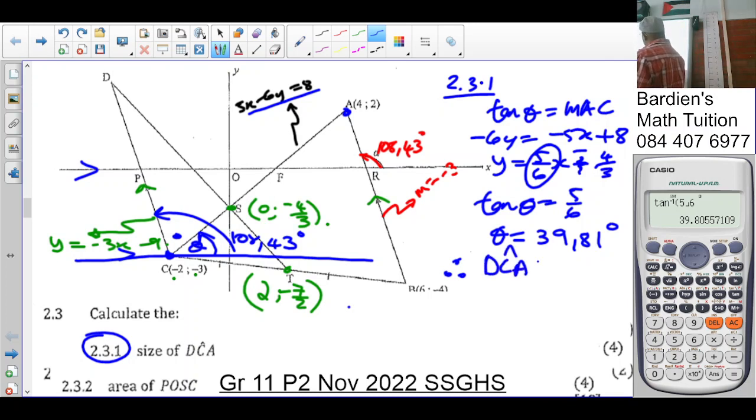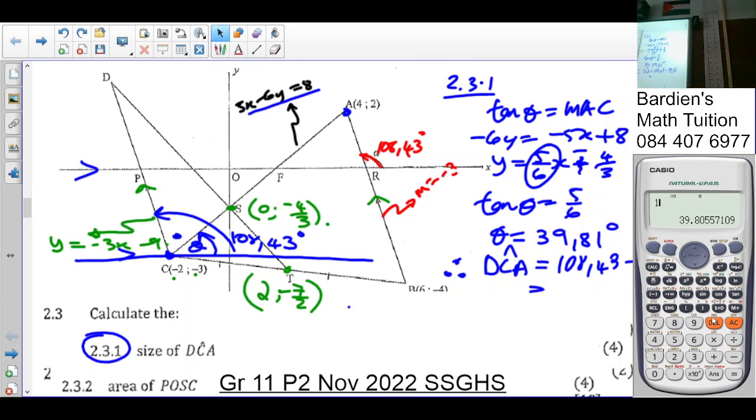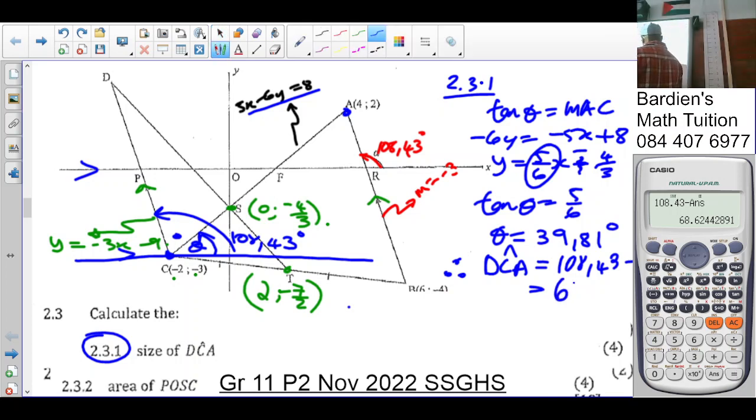Therefore DCA, that angle, will be that larger angle which we calculated to be 108.43 minus 39.81. So it's 108.43 minus that answer of 39.81 gives you 68.62 degrees.